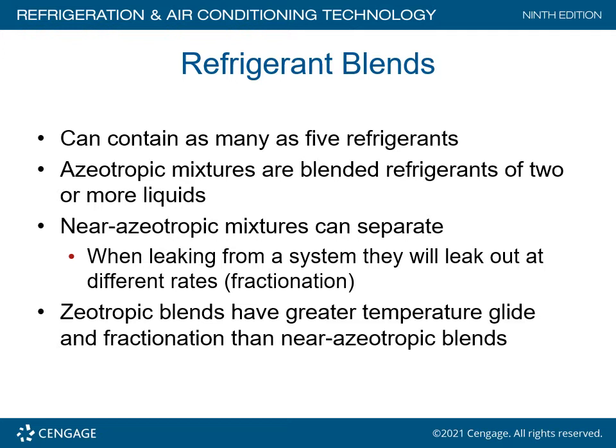The problem is that when a system develops a leak, the refrigerant leaks out at different rates, and what's left inside the system is no longer the same chemical composition as when the refrigerant was first installed. For that reason alone, fractionation takes place and the refrigerant has to be recovered and replaced with a new batch. Near azeotropic blends have a greater temperature glide and fractionation than azeotropic blends.